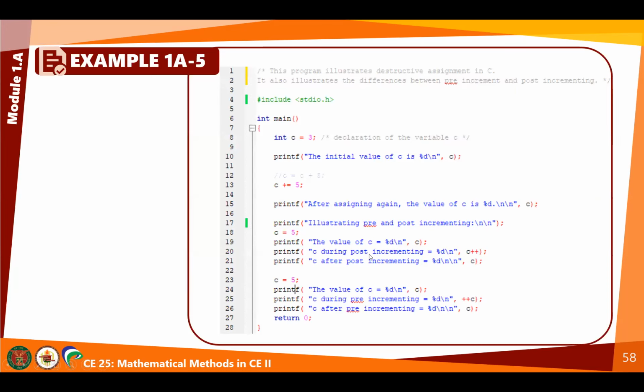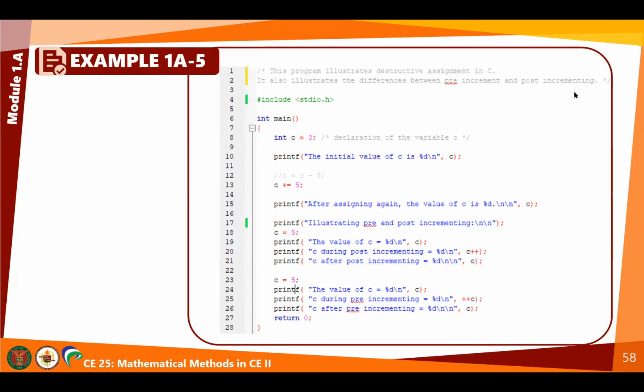C, during post incrementing. So, what happens kaya? What happens? So, %d, okay, what do you think is the value? So, plus plus, nahuli yung plus plus, no? So, ibig sabihin, post-incrementing to, but in this line, what you should expect since post-incrementing is na-retain pa rin yung value.